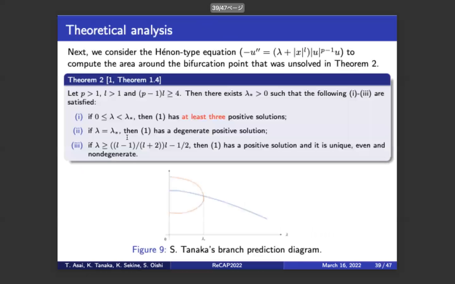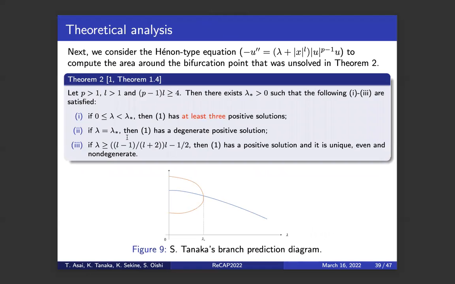Okay, next. We consider the Hénon-type equation to compute the area around the bifurcation point that was solved in theorem 2. In this theorem, the parameters P and L are fixed, and the parameter lambda is moved like that. And in this Tanaka's study, this is the branch prediction diagram.